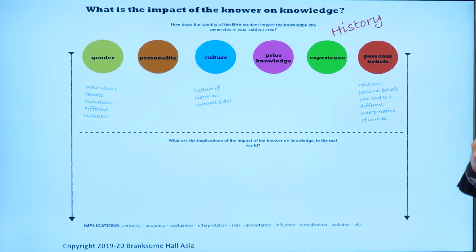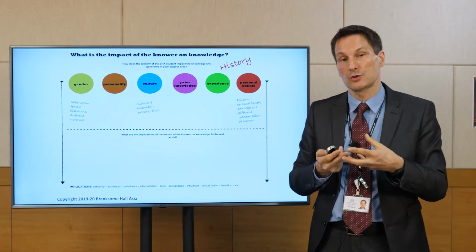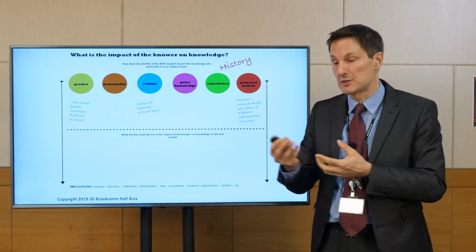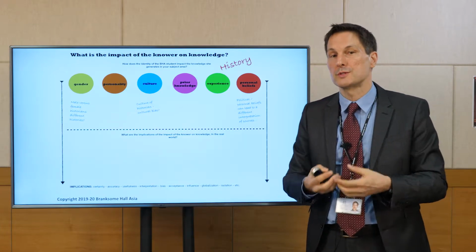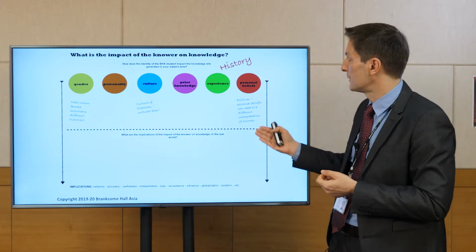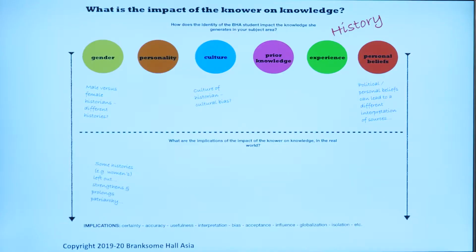Personal beliefs, so your political or your personal beliefs can also lead to a different interpretation of historical sources. And you see this when you compare and contrast different histories, different resources in history, and the kinds of interpretations they've made of those different historical sources.